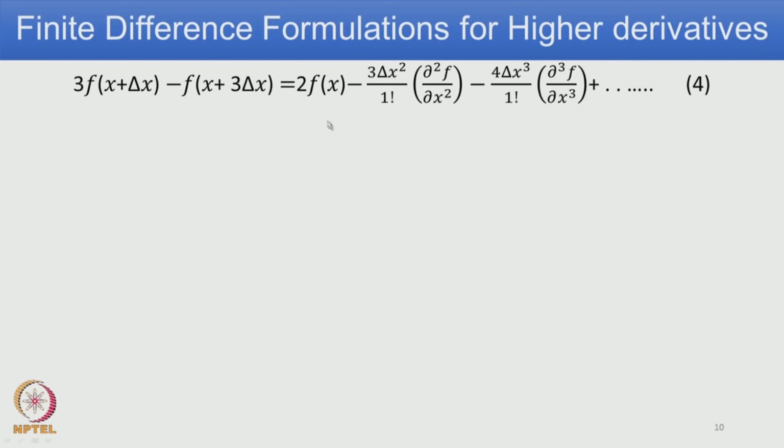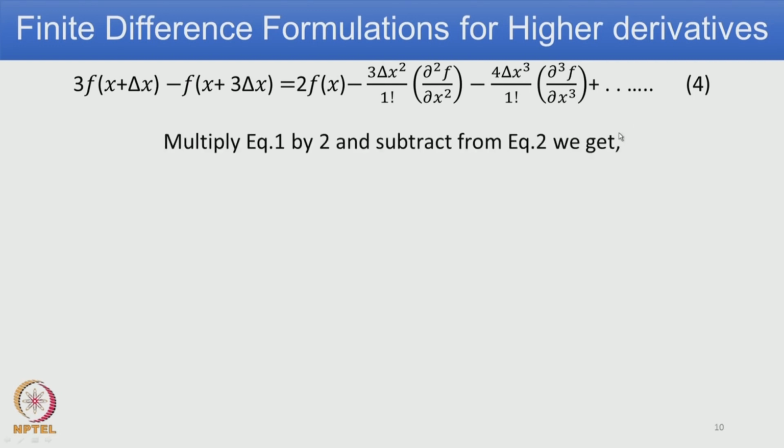If you do that, we get an expression like this: 3 times f of x plus delta x minus f of x plus 3 delta x on the left hand side, and on the right hand side you have the remaining terms. We name this as equation 4. Then one more small operation: multiply equation 1 by 2 and subtract it from equation 2.